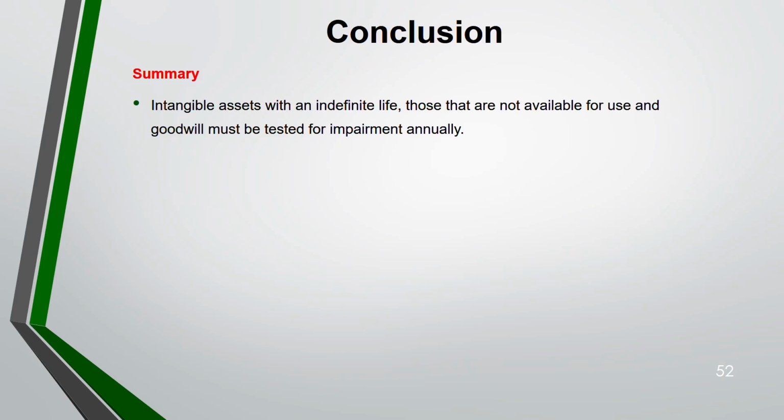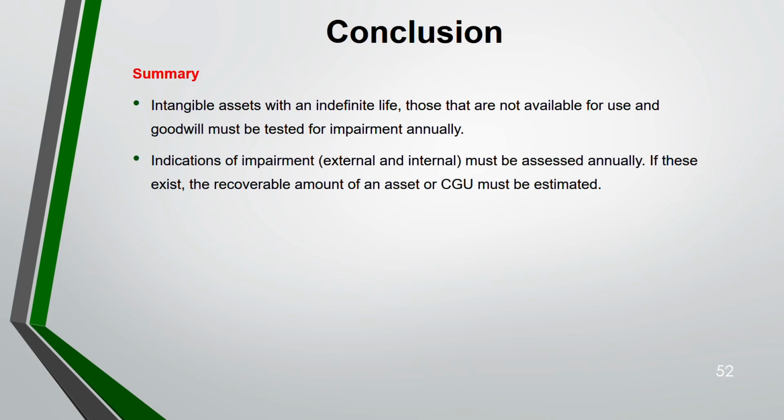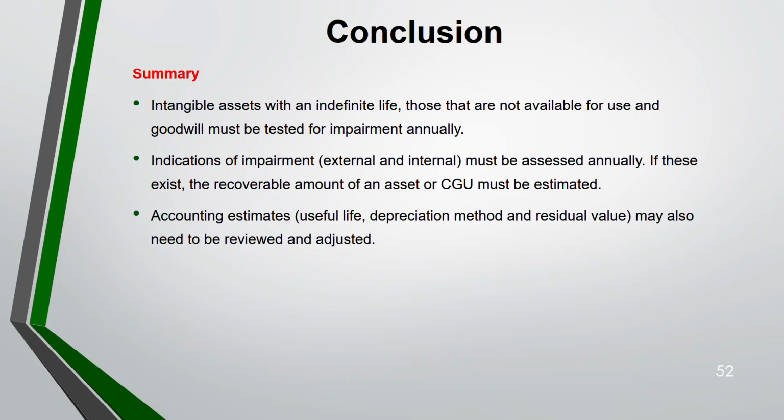We have started by saying intangible assets with an indefinite life, those that are not available for use, and goodwill. These 3 intangible assets must be tested for impairment annually, irrespective of indication of impairment. Next, your indicators of impairment could be external or internal and have to be assessed annually. If this exists, you have to estimate the recoverable amount of the asset or the recoverable amount of the CGU.